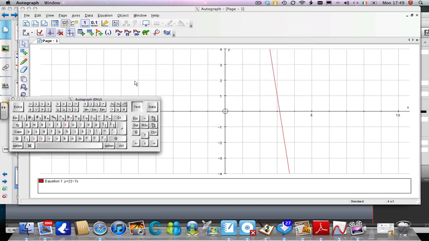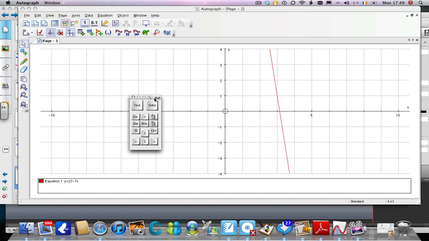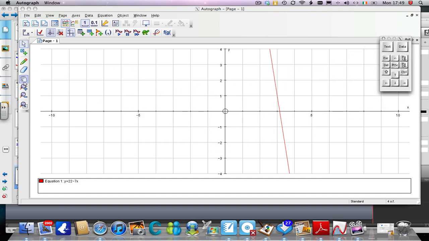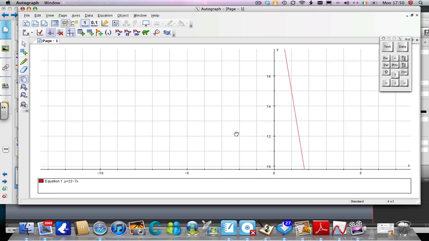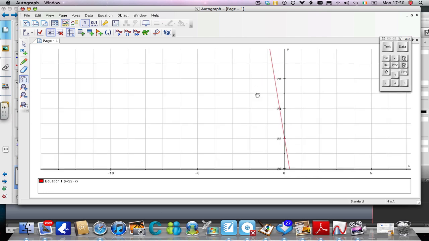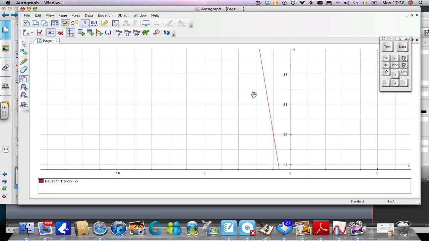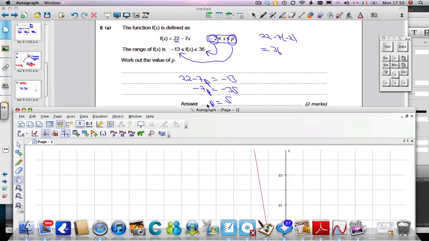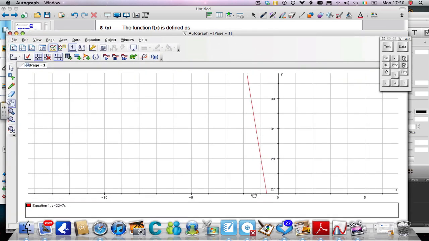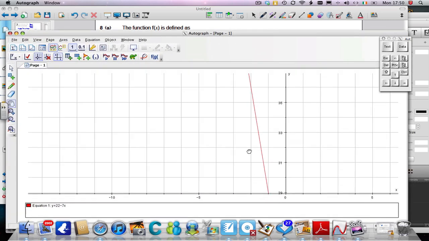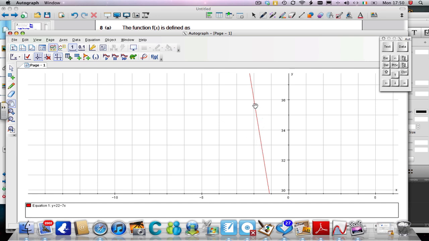And if you have a look, let's just move that away, going right the way up. So we said when x is negative 2, we should get 36. So 0, negative 2. Oh, look at that.